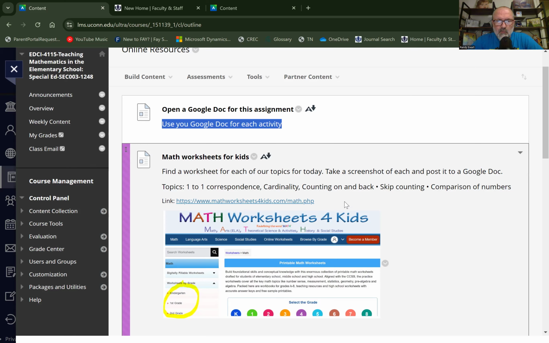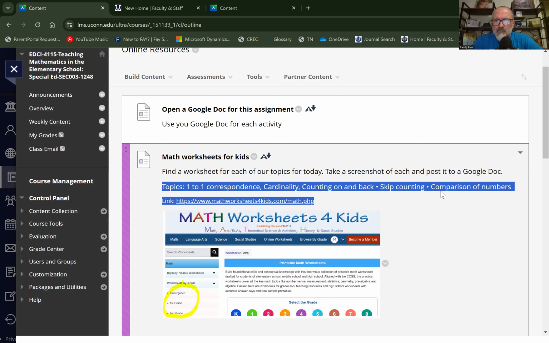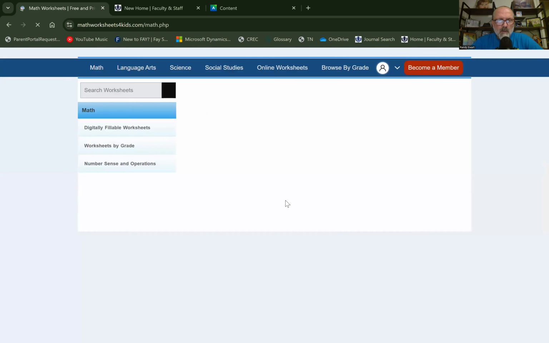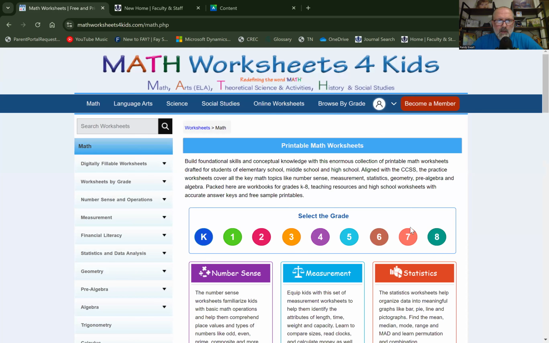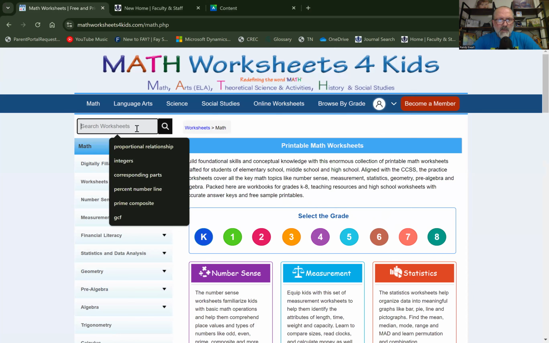So what you're to do is look at the topics for the week. They're posted in the objectives on the front of the folder, but I have them listed here again. And you're going to go to this website. And as you can see, you have the topics on the side, but you can also type in the topics here.